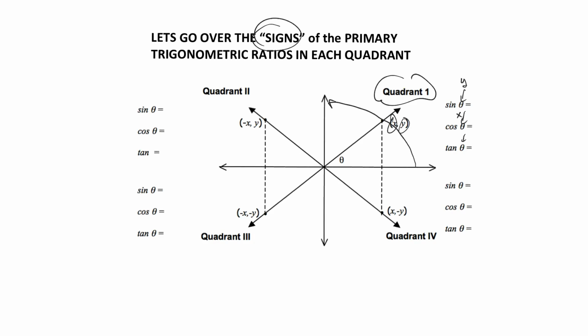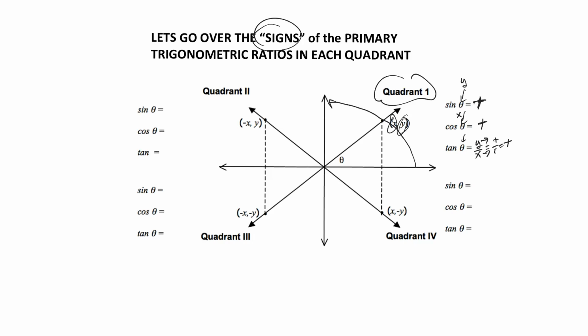So that means sine, which is pretty much y, is going to be positive. So if you substitute, for example, sine 45 degrees, you're going to get a positive number. Same thing for cos. Cos is related to x. You substitute cos 45, you get a positive. Now tan, if you recall, is opposite over adjacent, or y over x. And if both y and x are positive, positive divided by positive will give you a positive.